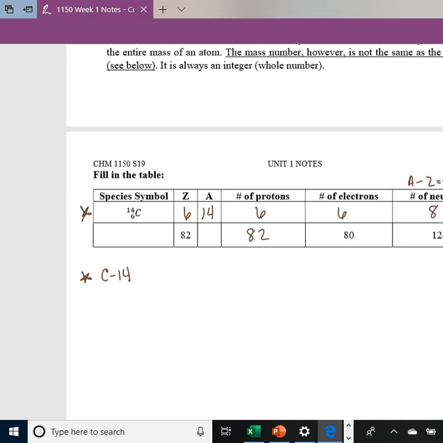So I can figure out what A is now. A is going to be my number of protons plus my number of neutrons, and a shorthand way of writing neutrons is N with a little 0. So that's equal to 82 plus 124, and that is equal to 206.